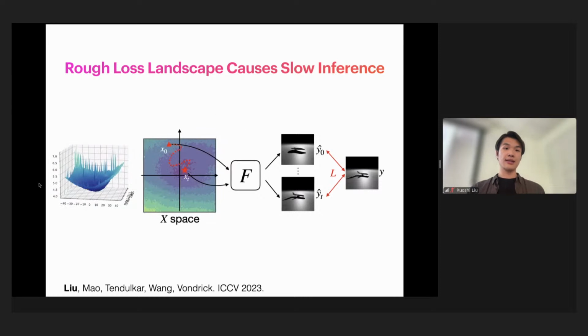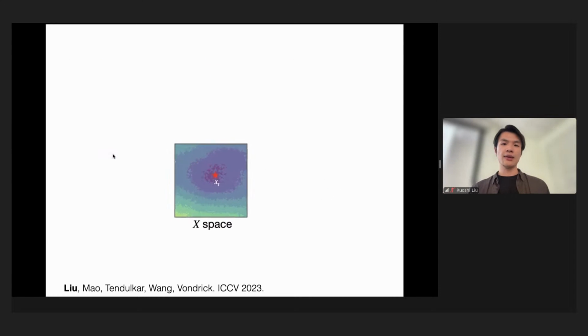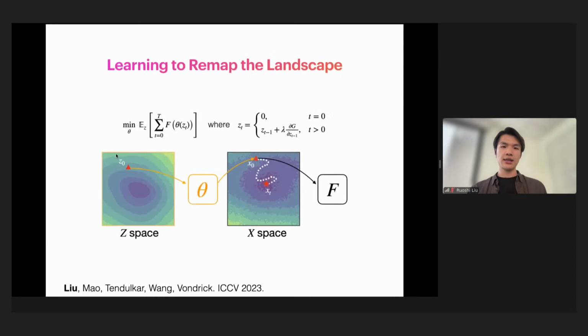The problem is that the landscape, if you visualize it in PCA, is very rough. So if you run optimization here, you have the instability that you saw before in your latent trajectories. The method we propose is to learn a new latent space, which we call learning to remap the landscape.